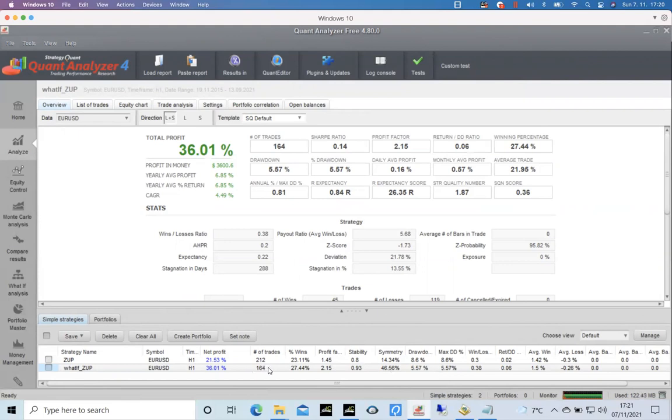Now, the number of trades went down, but the number of wins went up, and even the symmetry, which means that the shorts and the longs also went up. The maximum drawdown went down, and it just made an improvement on everything.